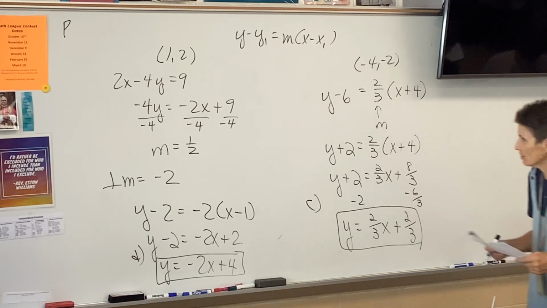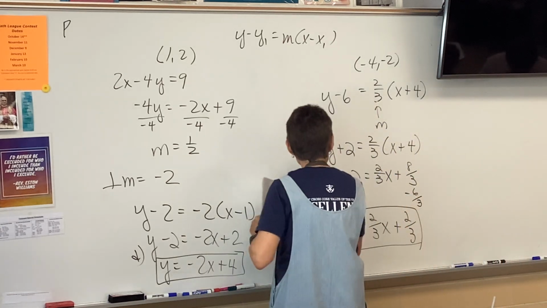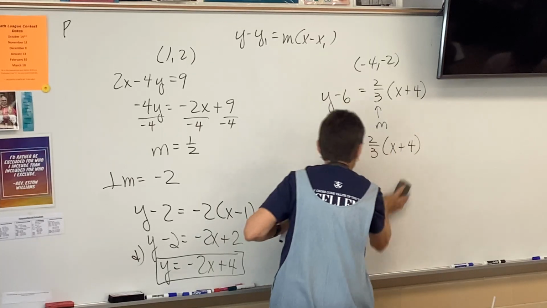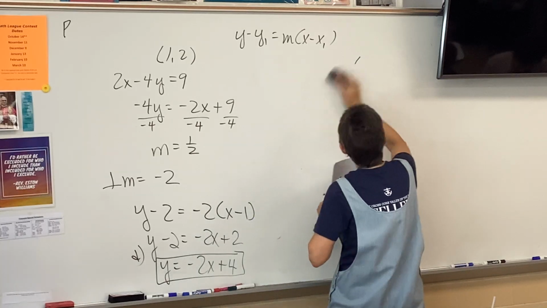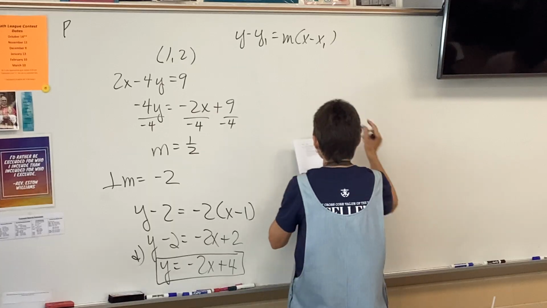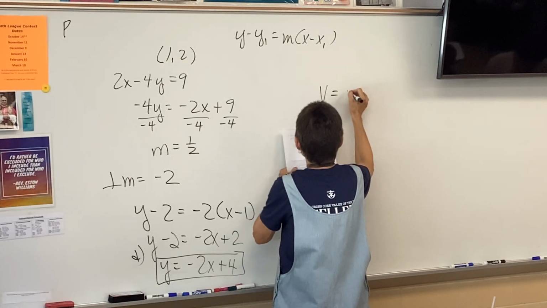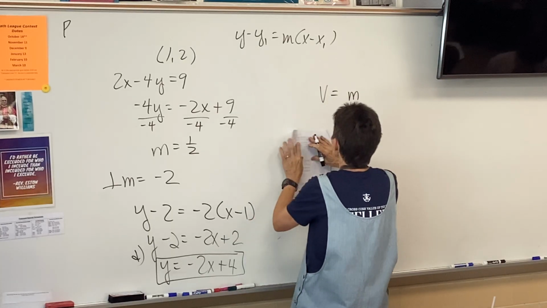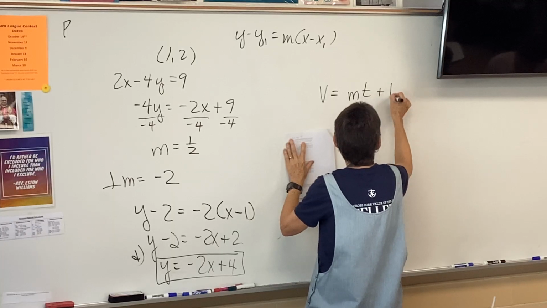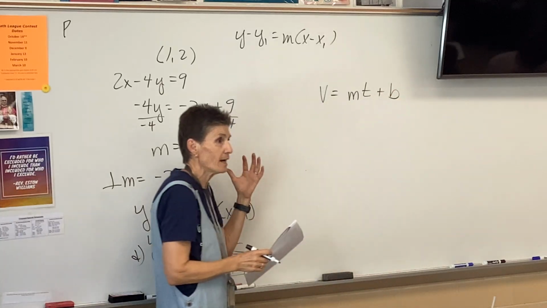A linear equation. Please do not get confused by the words. Linear equation simply means it's a line, and when they wrote it this way, you see that it's a line?